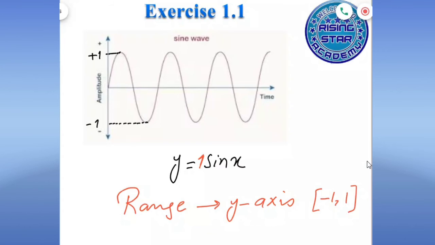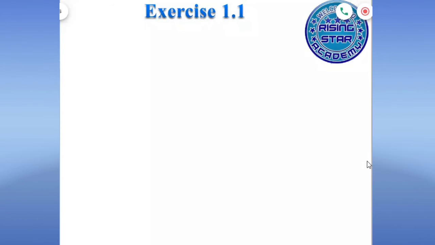Now I would solve part B. The question is asking for the maximum voltage. So let me write the equation first. Vt is equal to 163 sine of omega t.